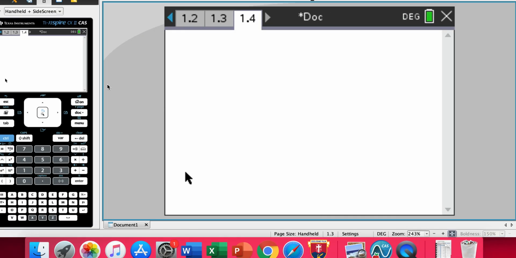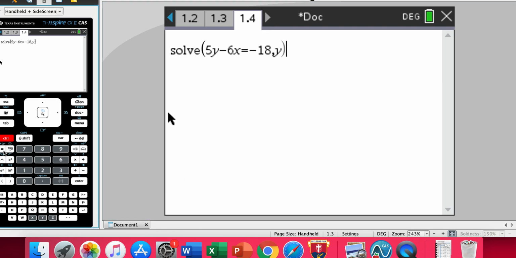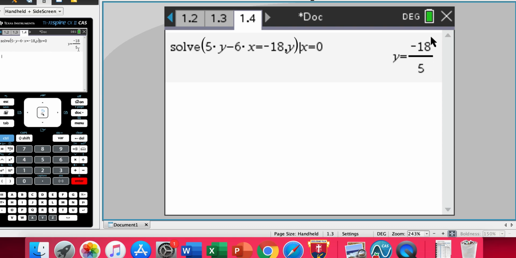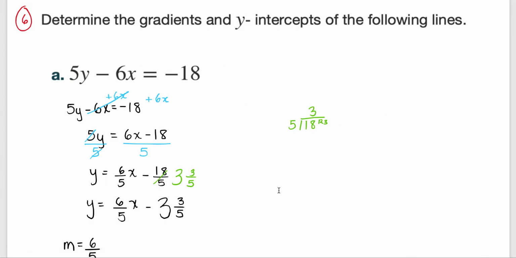I'm going to say solve, and I'm going to do 5y take away 6x equals negative 18, and I'm going to solve for y first when x is equal to 0. So in other words, I'm finding my y-intercept, and when I do that, I get that my y-intercept is negative 18 over 5. That's what we had here, negative 18 over 5.